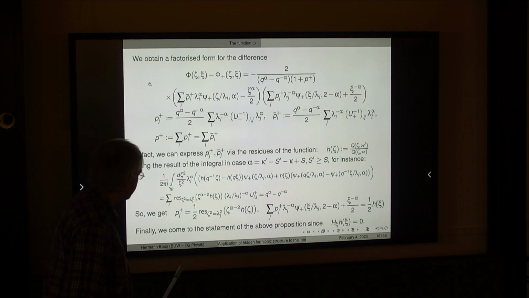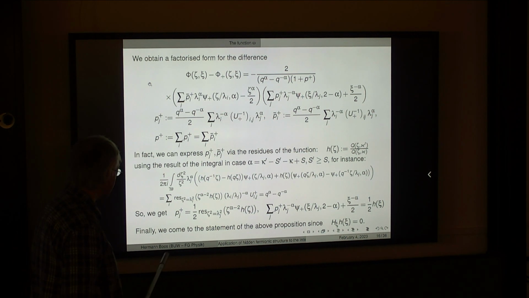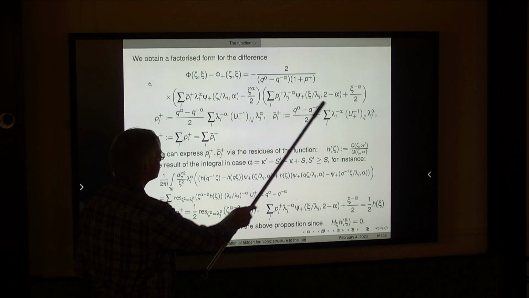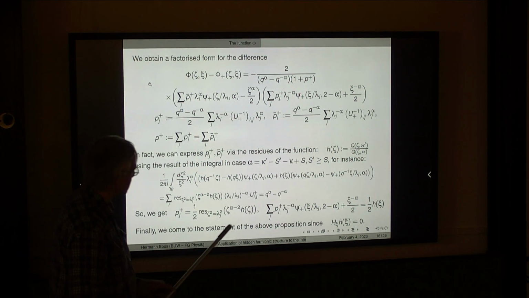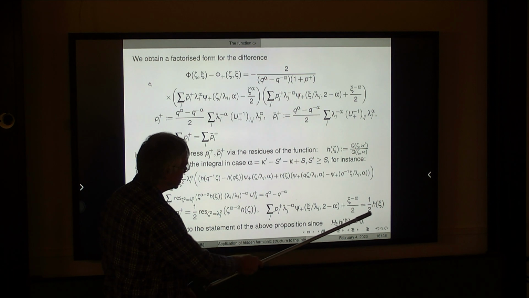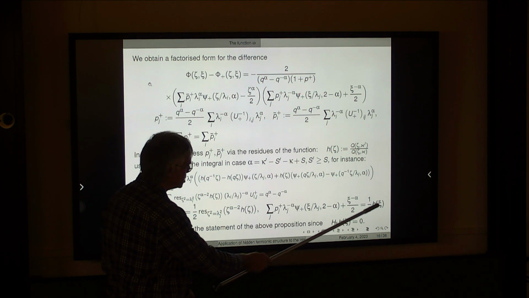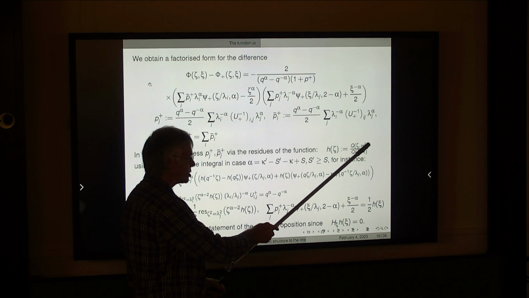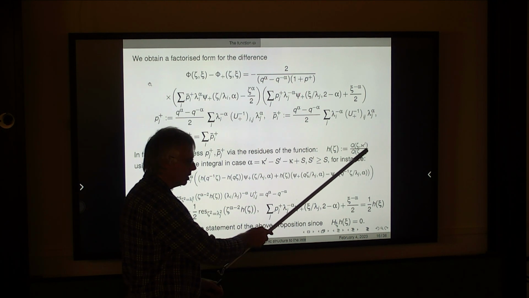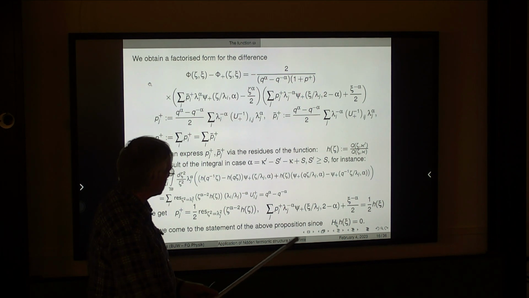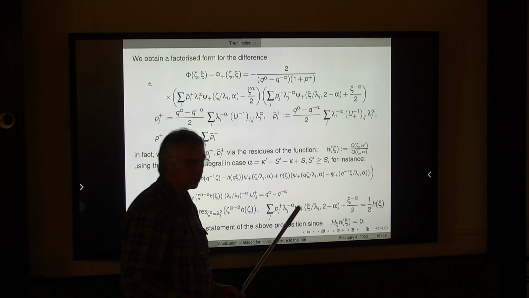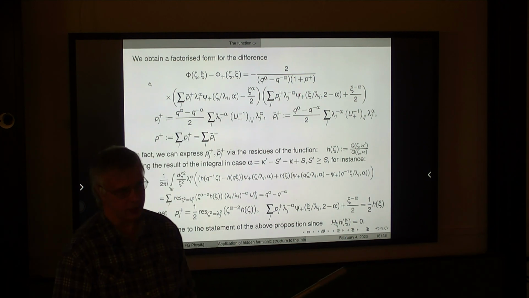And in fact, we can prove that in the first case, the second factor appears to be proportional to some function h, which is a ratio of two q functions, q prime and q. This function h is a kernel of this operator h capital. That's why we get that the two functions are equal to each other.